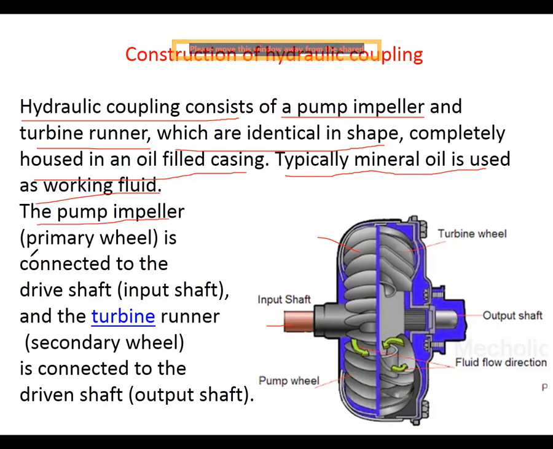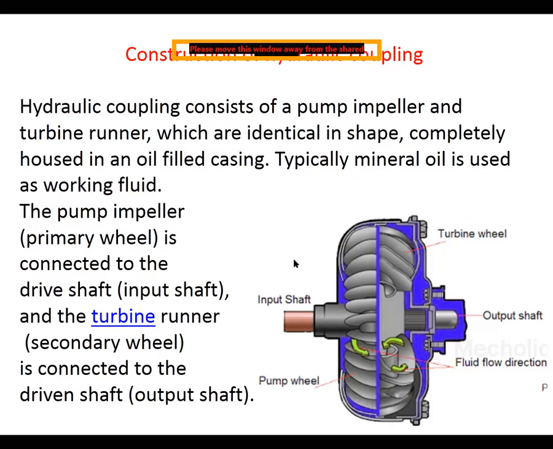The pump impeller is directly connected to the driving shaft, and the turbine, the secondary wheel, is directly connected to the driven shaft. So the pump is also called the primary wheel, and the turbine is also called the secondary wheel.